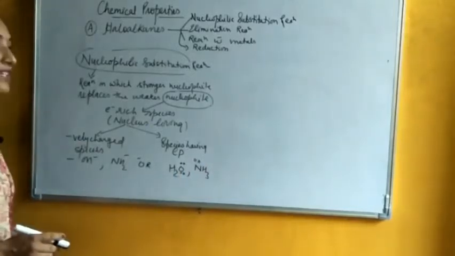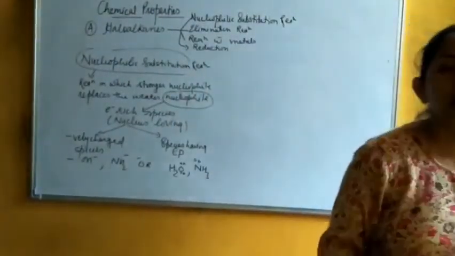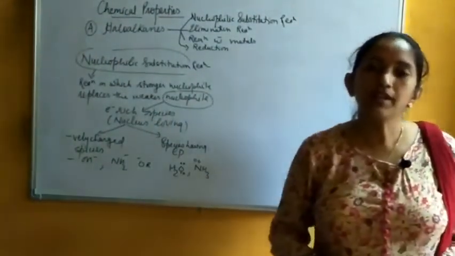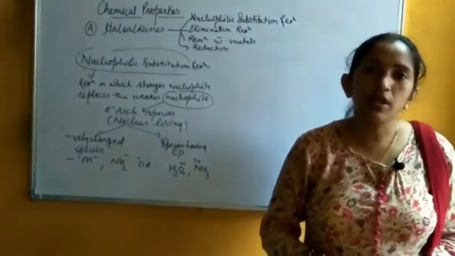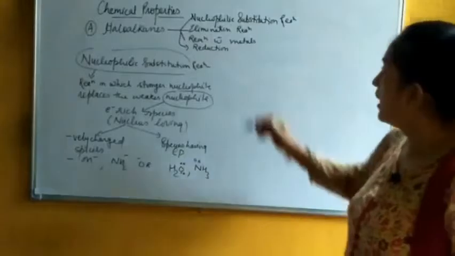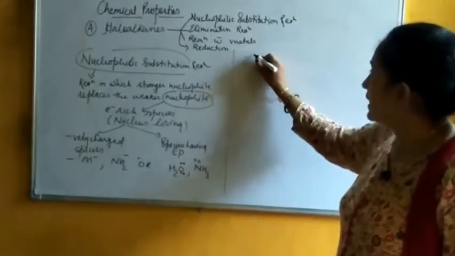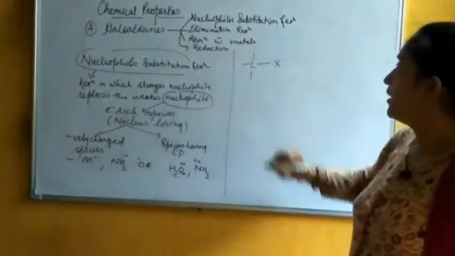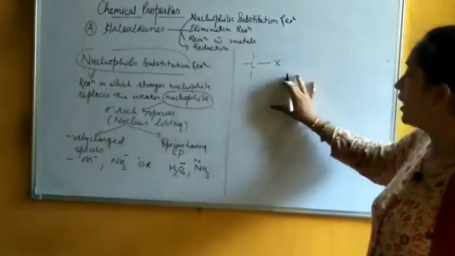So in the nucleophilic substitution reaction, students, the nucleophile which is stronger is going to replace the weaker nucleophile from the reaction. Now, let's take an example. Let us say we have this bond here, denoting the haloalkane.